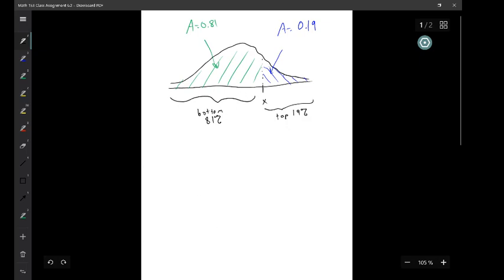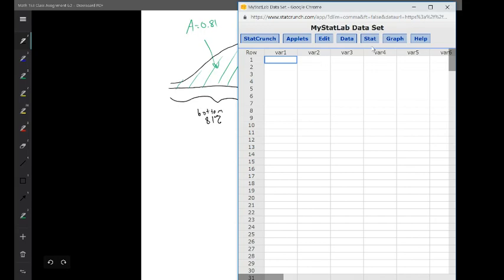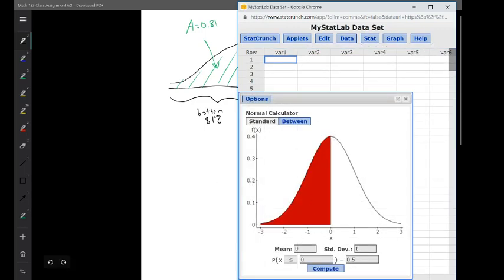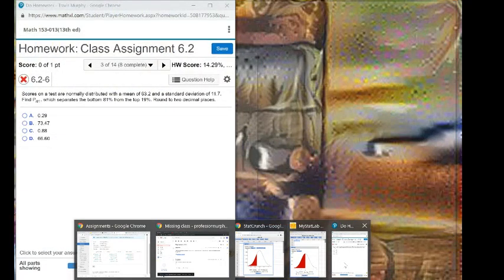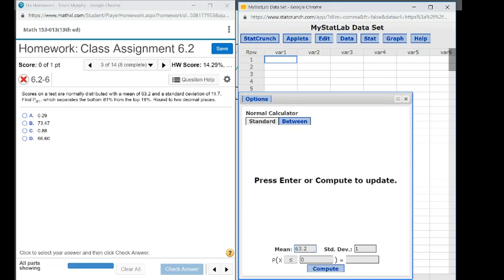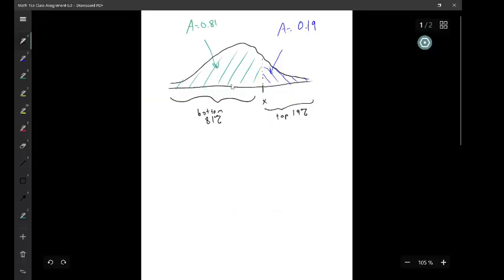So we can go to our stats calculator, go to normal, and get the mean and the standard deviation, 63.2 and 11.7, and then use the area on the left, so 0.81, and that will get you this number here.